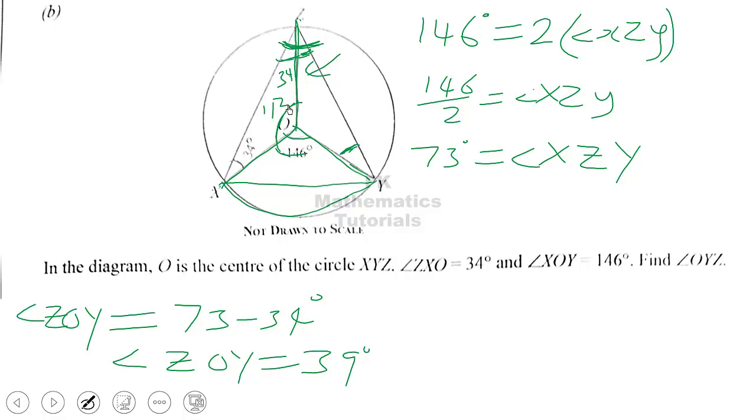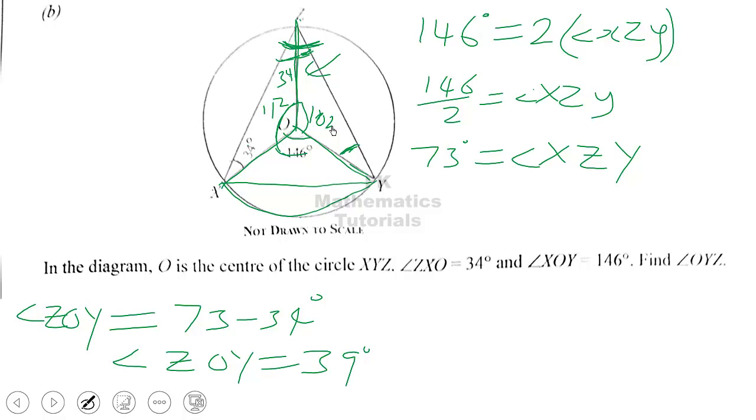So 360 minus 112 minus 146 is 102. So this angle here will be 102.